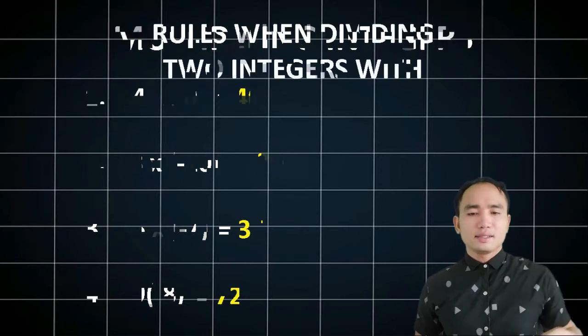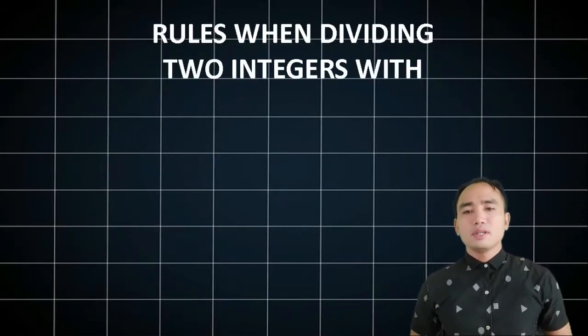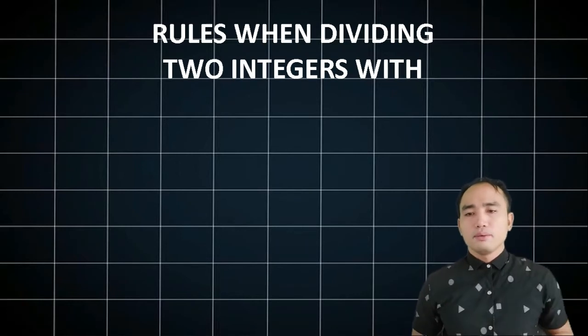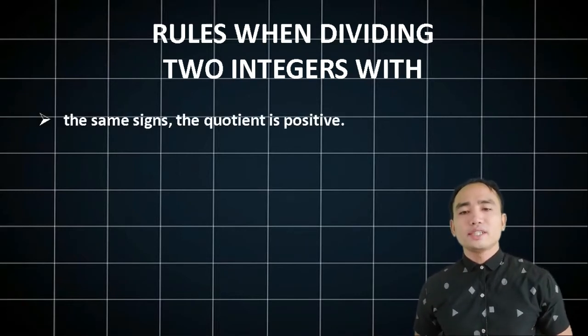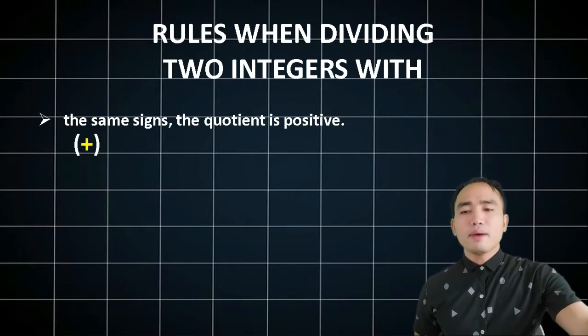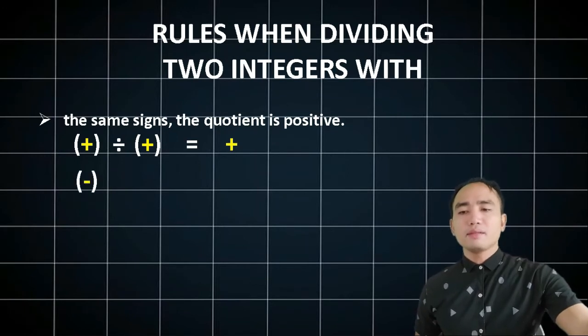Now let us know the rules when dividing two integers. With the same signs, the quotient is positive. Positive divided by positive, the answer is positive. Or negative divided by another negative number, the answer is also positive.